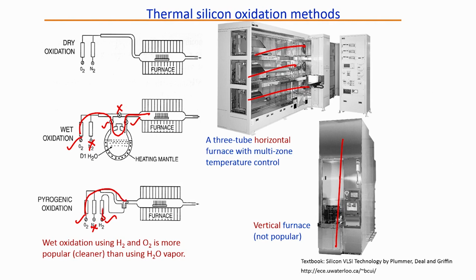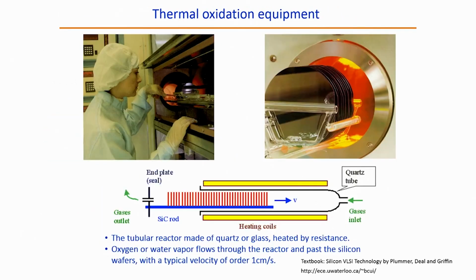Hydrogen will mix with oxygen and produce H2O vapor, which will cause silicon dioxide to grow on silicon. Now, wet oxidation using H2 and O2 in this fashion is cleaner and more popular than using the bubbler system.